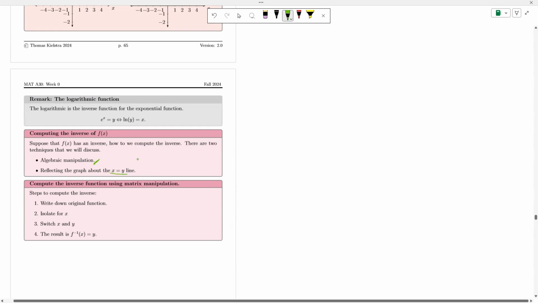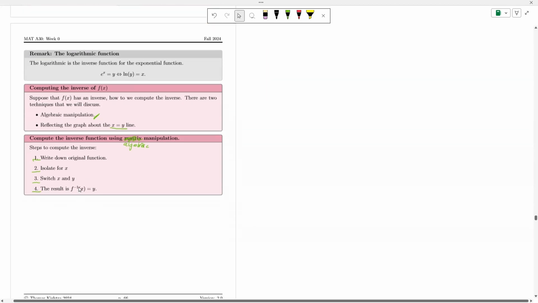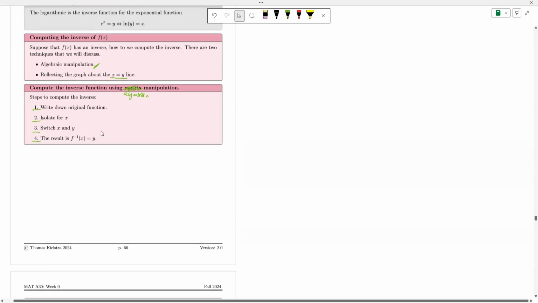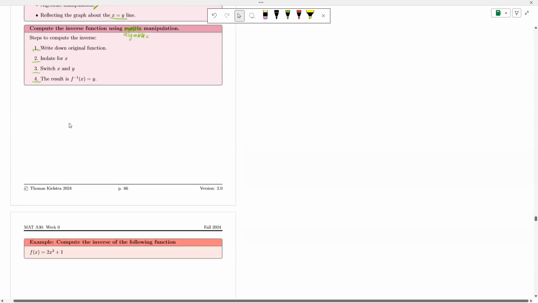Now, to compute the inverse using algebraic manipulation, we write down the initial function, isolate for x, switch x and y, and the result is f inverse of x equals y, which is our new expression.